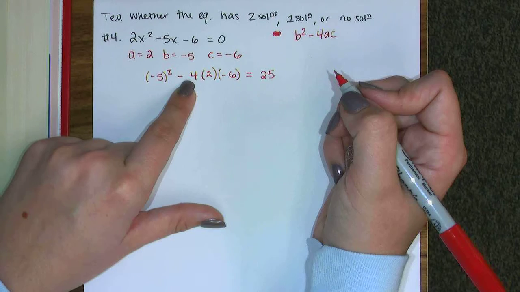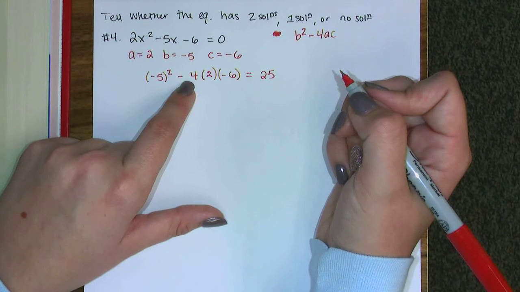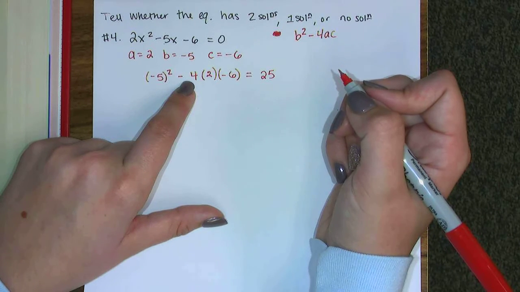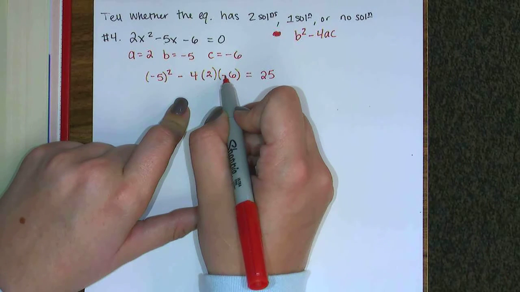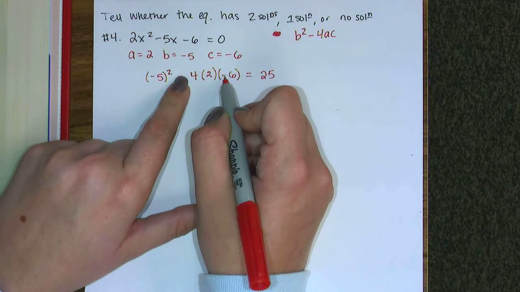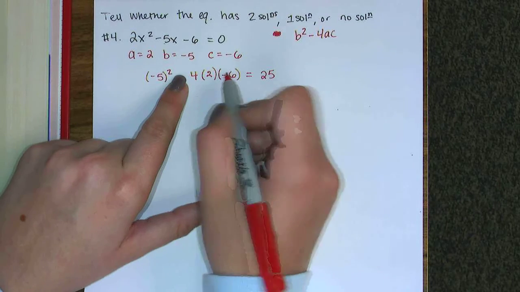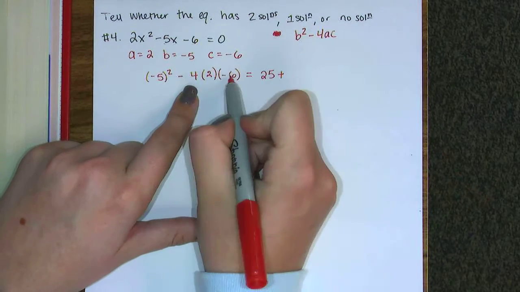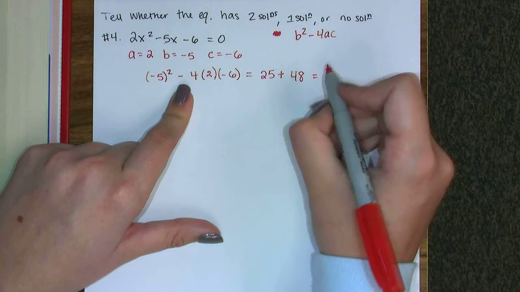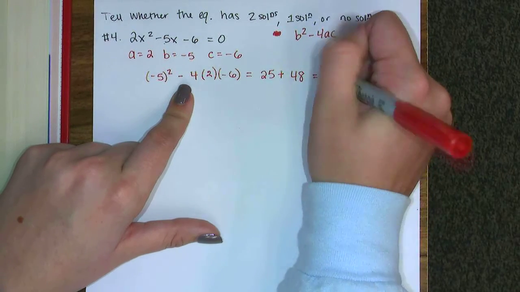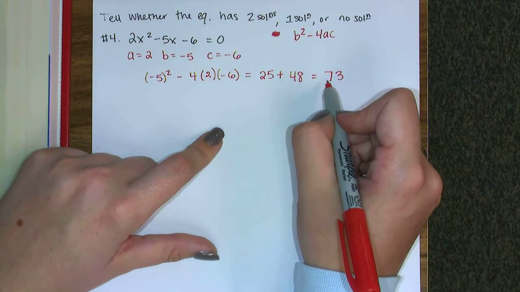Now, to make my math easier, I would go with 2 times negative 6, which is negative 12, times negative 4. The 2 negatives go away, so that becomes positive. So plus 12 times 4 is 48. And now you just have to add that up, which is 73, I believe. Now, I have 73.